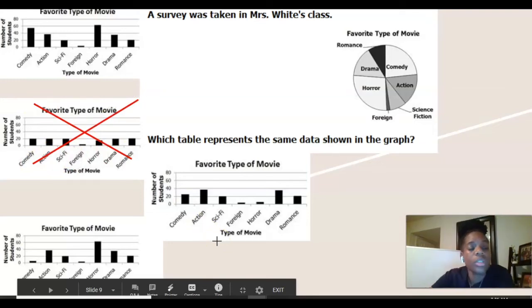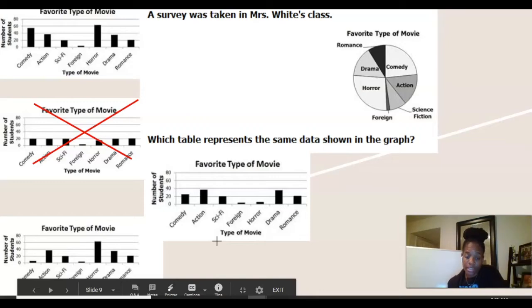Then we go over to the other ones and we pay attention to them and analyze them to see what they're saying. So here it says that drama and action are similar. And then it also says that romance and science fiction are similar.